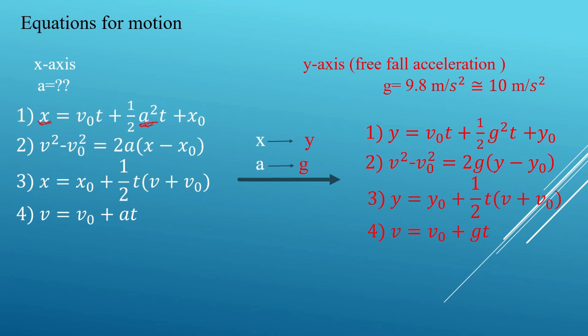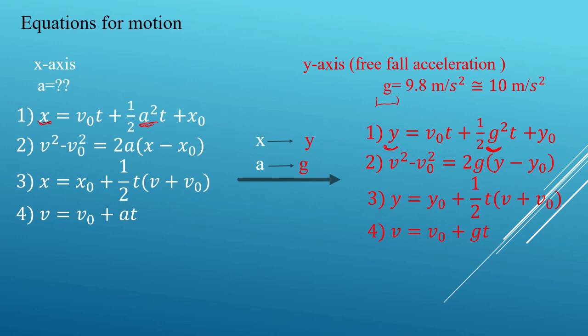However, in the y-axis, free-fall acceleration is g, and it's always going to be 9.8 meters per second squared. The displacement is going to show up as y because we drop the object or toss it upward along the y-axis, and the acceleration is going to be g, which is called the free-fall acceleration.